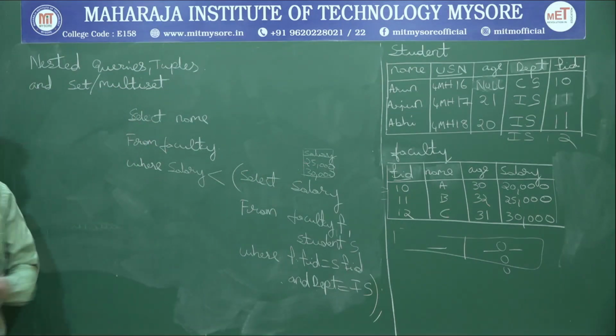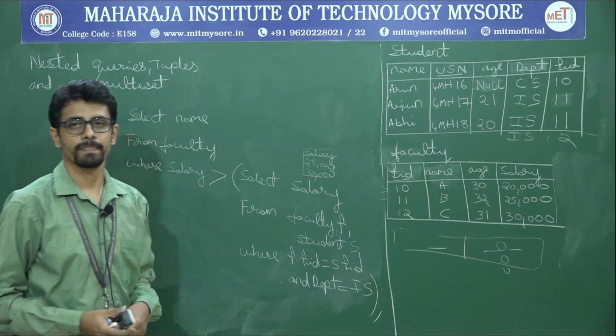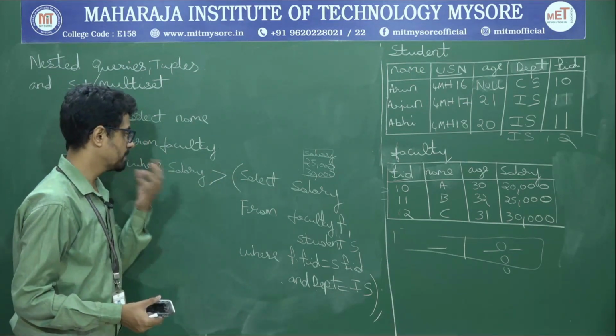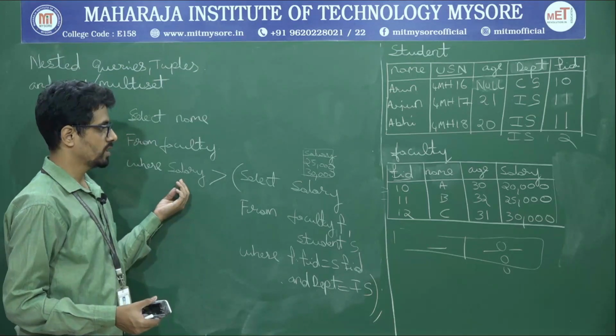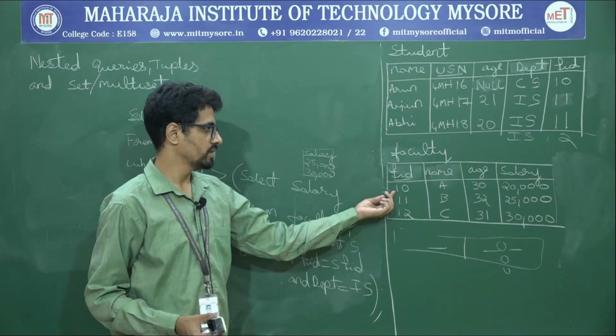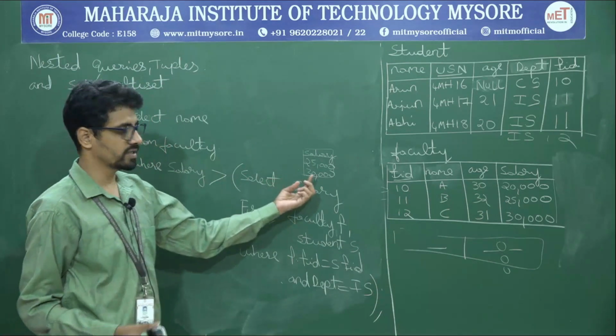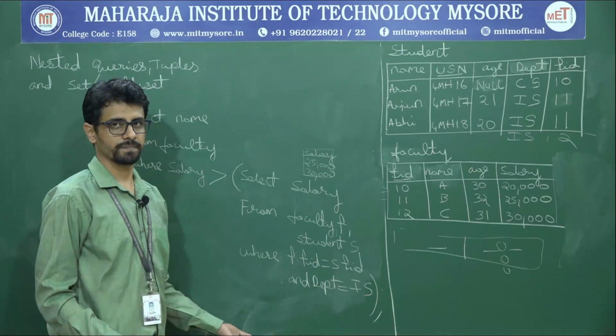What if I use salary greater than? Let me explain what happens here. Now take salary. It will start with the first one, the 10. It is 20,000. Is 20,000 greater than 25 and 30? No, it will not be displayed.